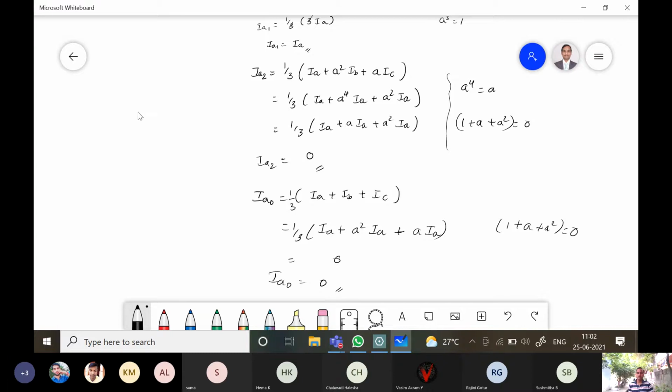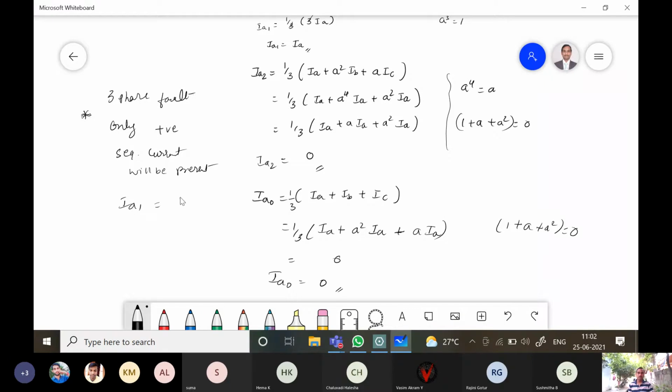From this we can conclude that in a three-phase fault only the positive sequence current will be present, correct? That is, only IA1 is present.